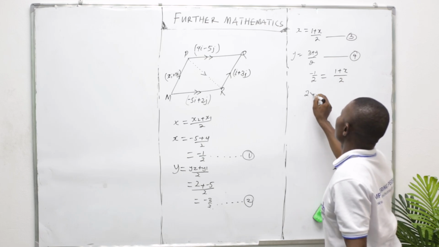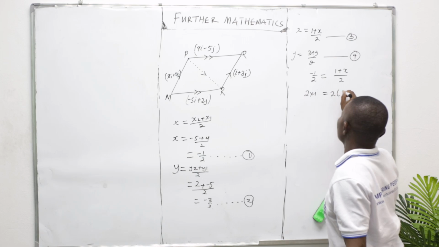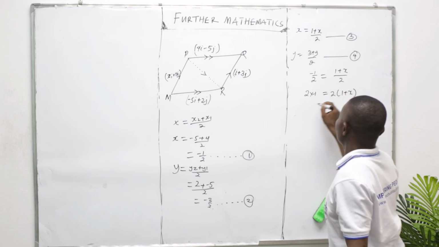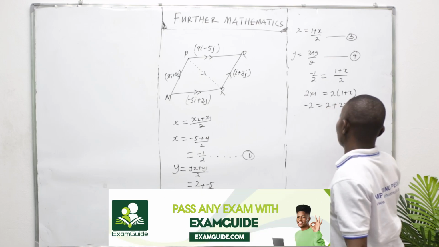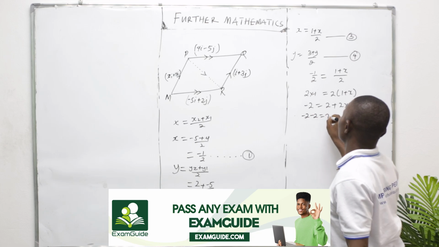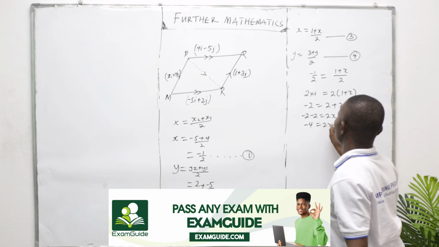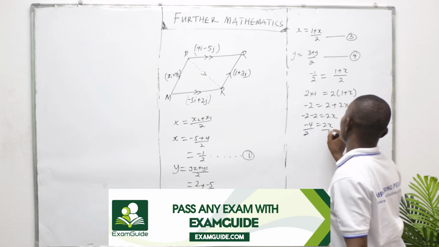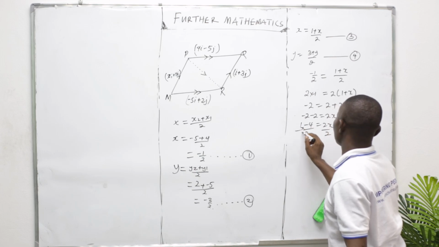When we cross multiply, we're going to have 2 times minus 1 equals 2 into 1 plus x, to give us minus 2 equals 2 plus 2x. So that's minus 2 minus 2 equals 2x. Minus 4 equals 2x.